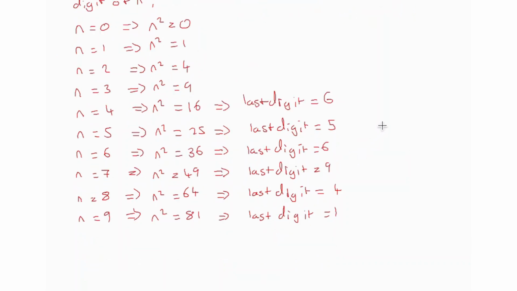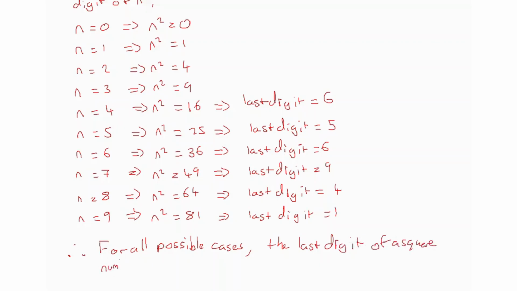So we have shown for all possible cases the last digit of a square number is one of 0, 1, 4, 9, 6 or 5. And we've proven what we were asked to prove in the beginning.